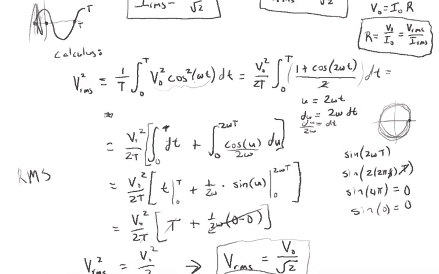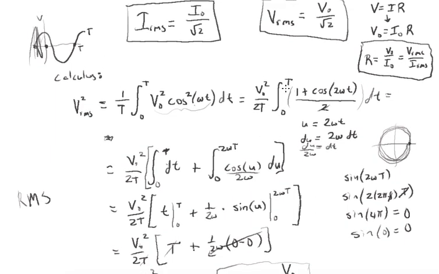But there it is. There's that square root of 2. You can go back and instead draw this same graph for current versus time and replace all these V's with I's, and it'll work out exactly the same way. Do the exact same math, and you'll get over that square root of 2 for both of them. So you get both of those equations.